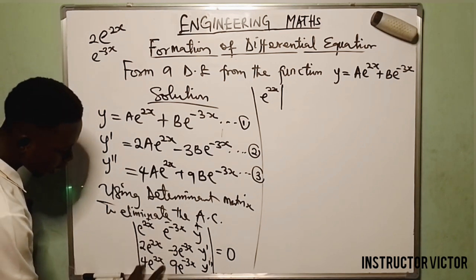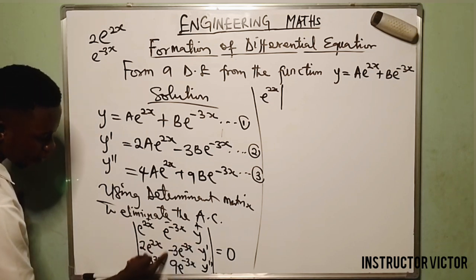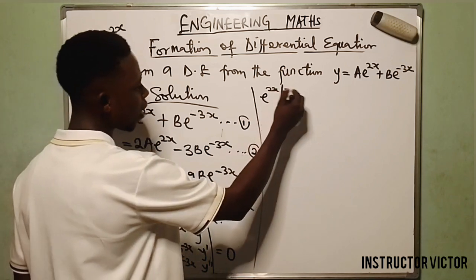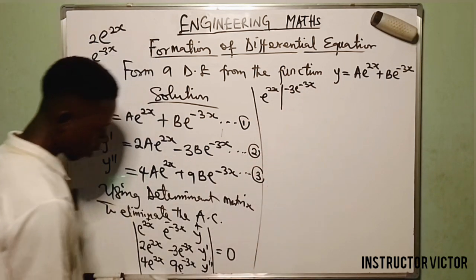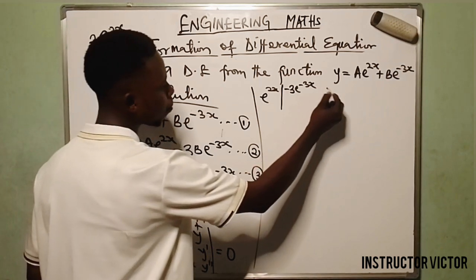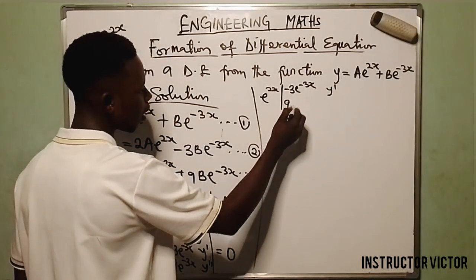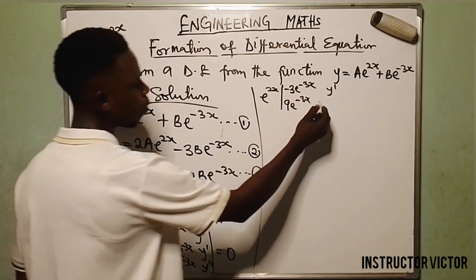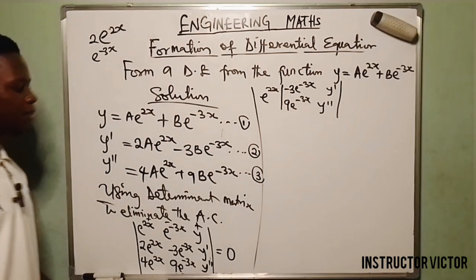Anything that is under exponential 2x, don't use it. You will go with this that we have here, which is minus 3 exponential minus 3x y prime, and then 9 exponential minus 3x y prime prime. You are done with that.